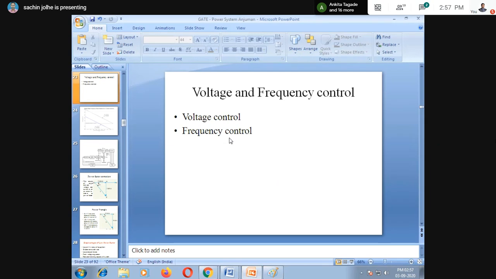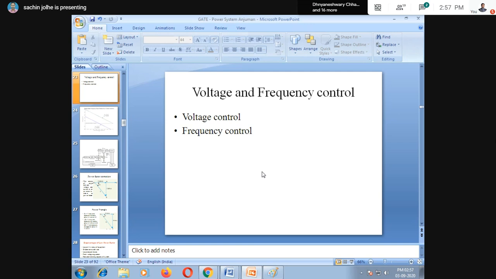So what do we have to do? We have to monitor its voltage and speed. To monitor them, we must go for an automatic speed controller and automatic voltage controller. For the automatic voltage controller, there are different systems, but we are not going to discuss them here.